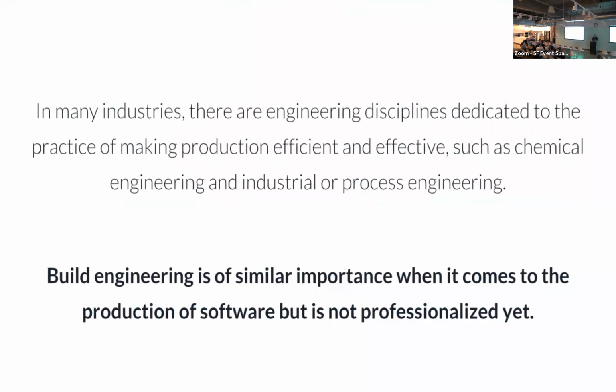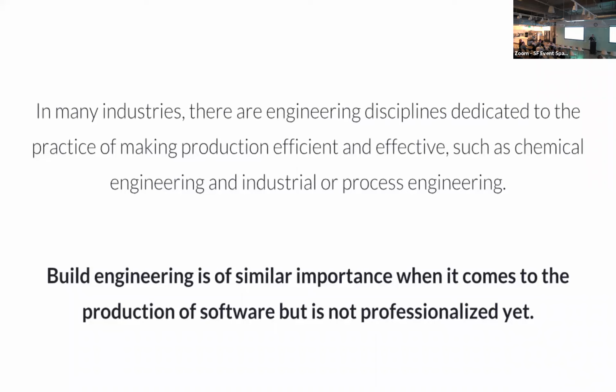In a way, that is where we are as an industry when it comes to software. When it comes to efficient production of software, we are far away from where other industries are. If you look at car industries or chemical industries, those are all academic disciplines.